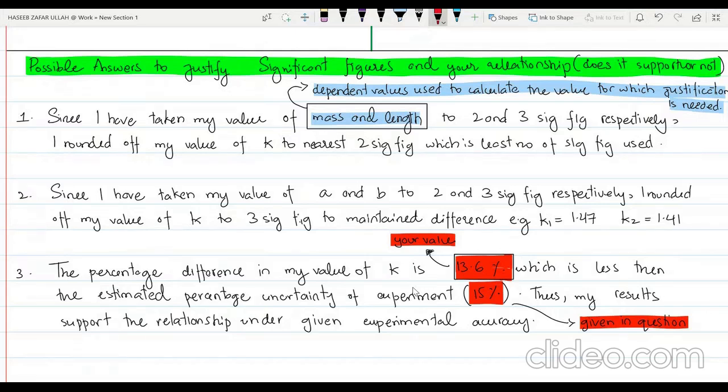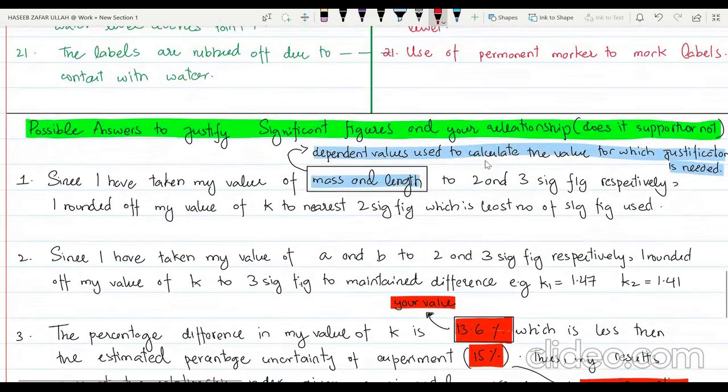The answer is: the percentage difference in my value of k is, then you provide the red highlighted area, which is actually your percentage uncertainty, which is less than the estimated percentage uncertainty in the experiment, which is mostly given to you in the question. Thus, my results support the relationship under the given experimental accuracy. So this is a structured answer to the question of relationship proving.